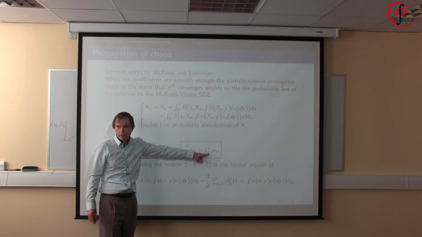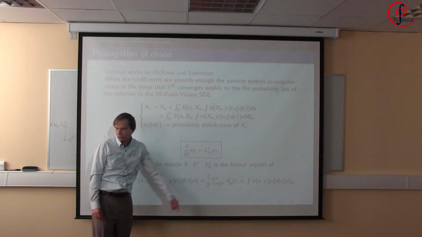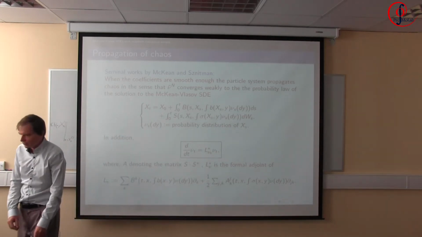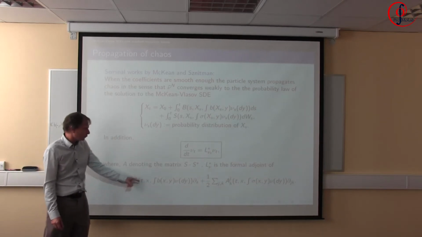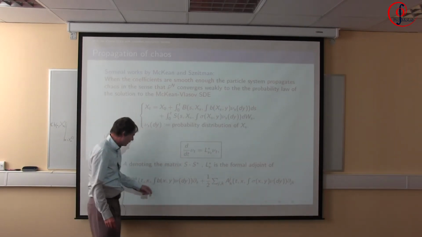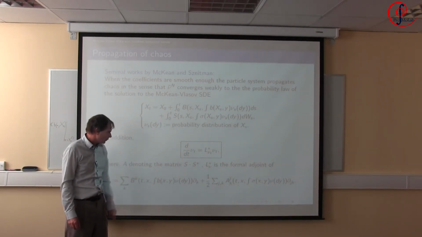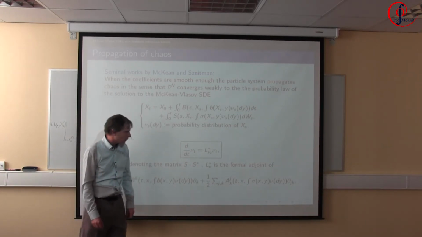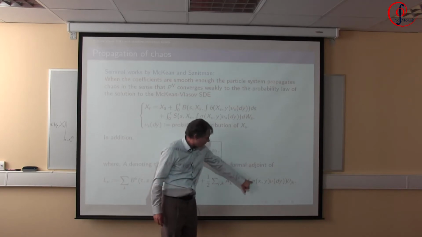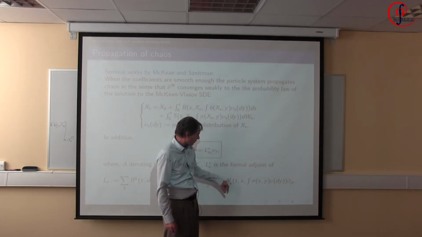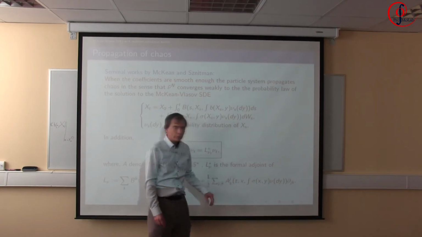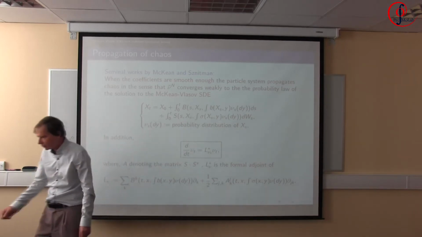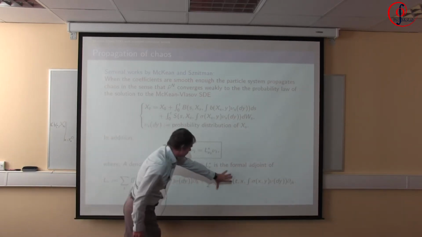You may do it. I'll leave you the exercise to try to identify what should be the kernel script B, the function capital B, and here sigma, capital A is necessarily equal to 1 because the diffusion coefficient is 1. So this part plays no role in the story.